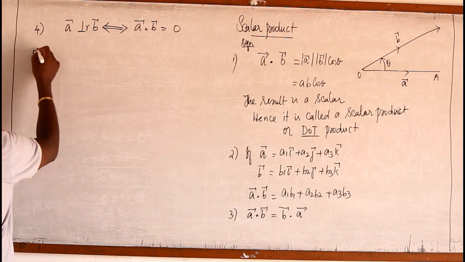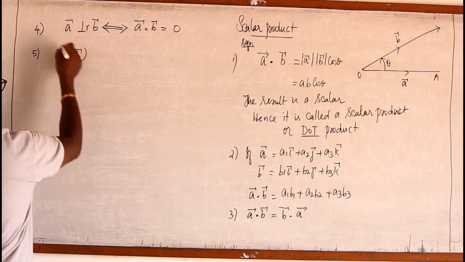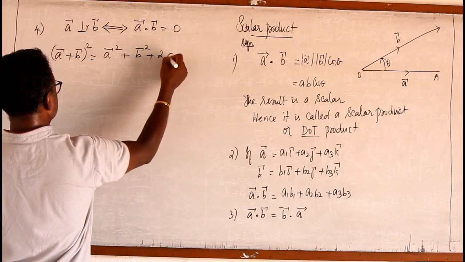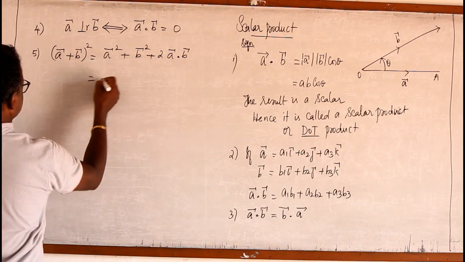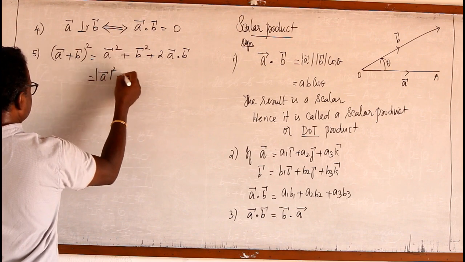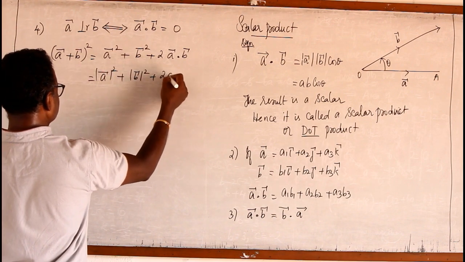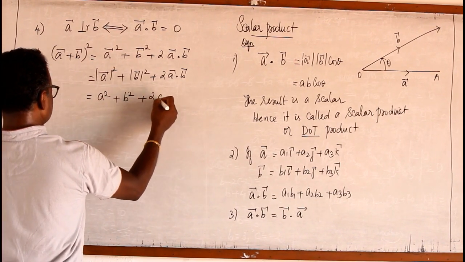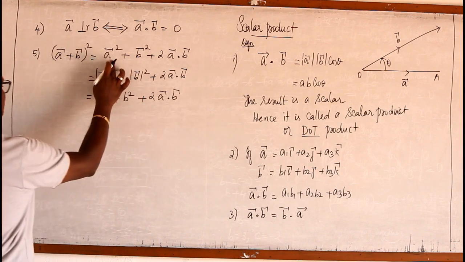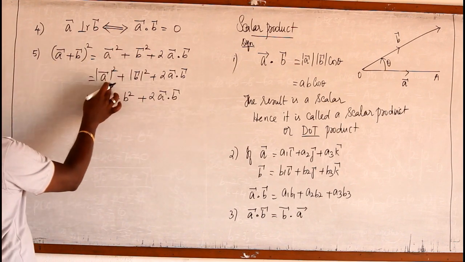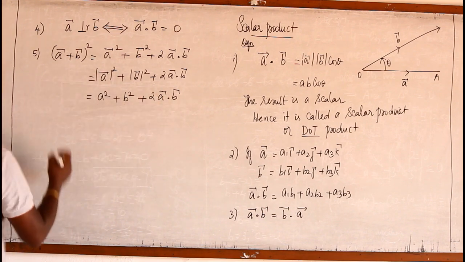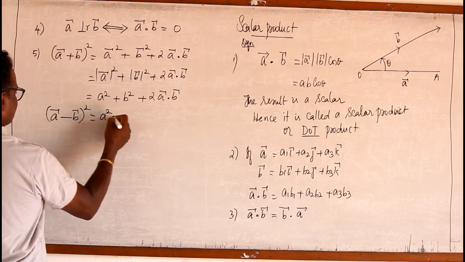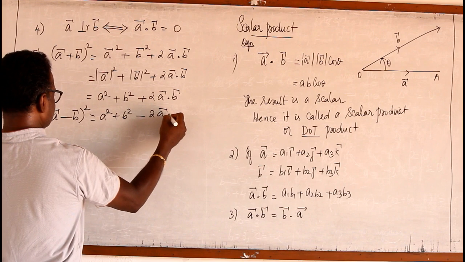Then the fifth one, A plus B the whole square can be written as A square plus B square plus 2 into A dot B. This A square can be written as modulus of A square, and we can put the arrow notation or the modulus, or just A square, B square, A dot B. Therefore, what is A minus B the whole square? It is A square plus B square minus 2 into A dot B.